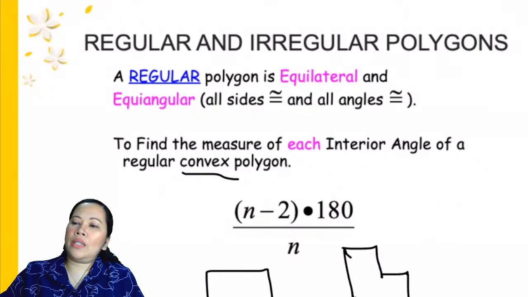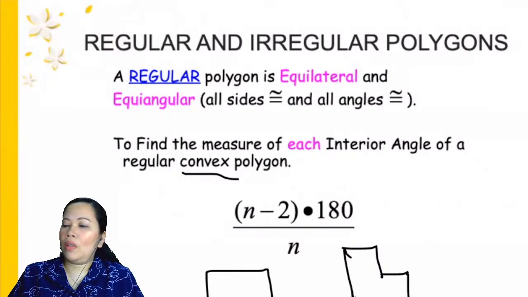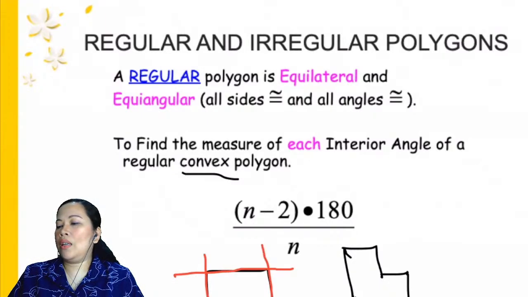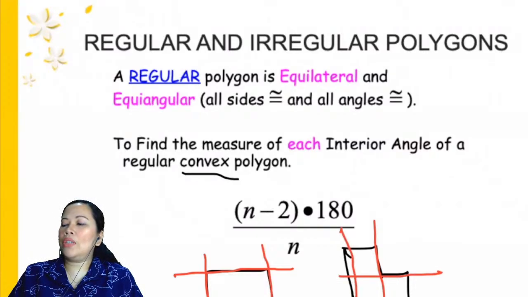So if I extend all the sides on this one, and extending this side, you would notice here that there's actually an intersection of the sides inside.